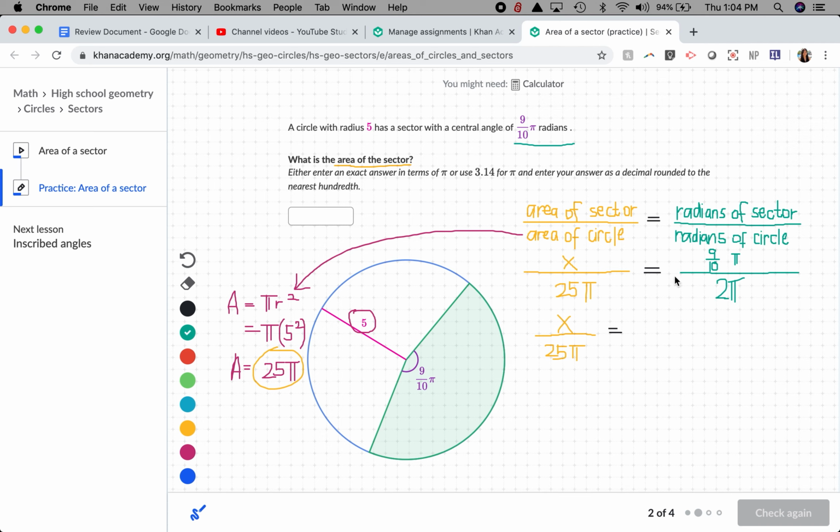Now to simplify a fraction in a fraction, the easiest way to go about this is if you make your denominator also a fraction. So right now instead of 2 pi, I'm going to make this 2 pi over 1 because anything over 1 just retains its value. And what I'm going to do next is copy this numerator. I'm going to make it 9 pi over 10, and I am going to multiply to that the reciprocal of the denominator.